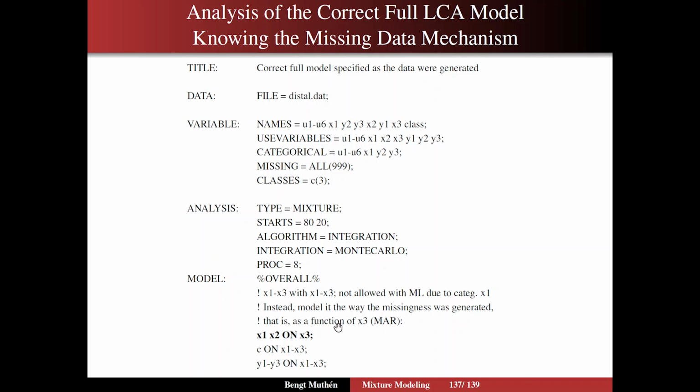A variation on this theme is that we ignore the missing data mechanism, we pretend that we don't know it, and that is the case actually in real data. Then this slide would have the with statement instead, and this slide would represent a one-step analysis, which we showed in earlier slides.